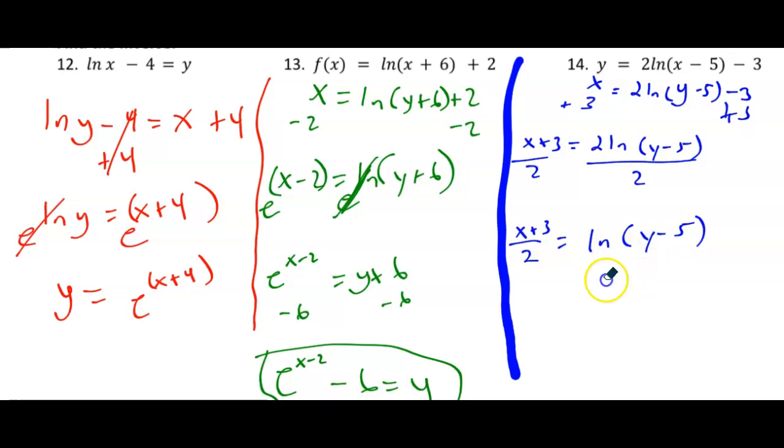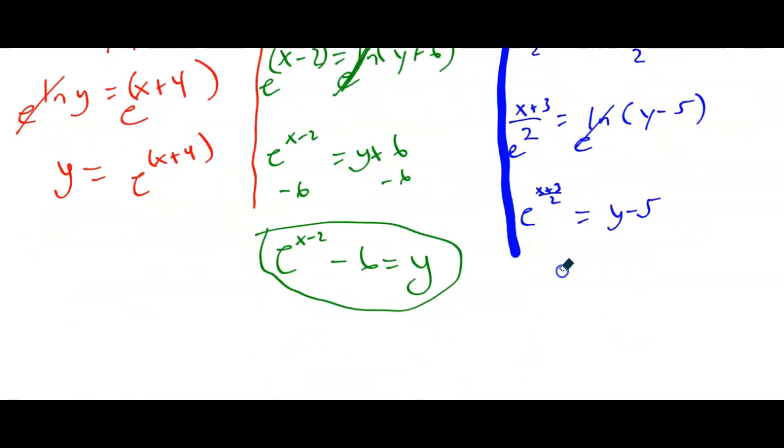And next, we're at the point where we can't move the 5 in y minus 5, because it belongs to the natural log. So we're going to apply the e to both sides. So you have e raised to the x plus 3 divided by 2, and that's going to equal y minus 5.